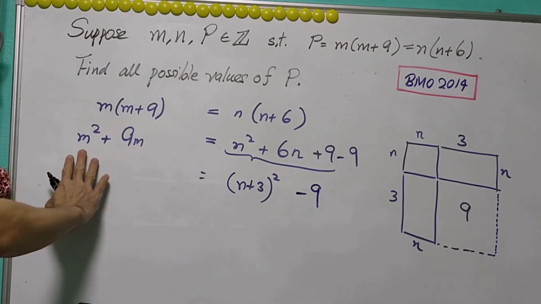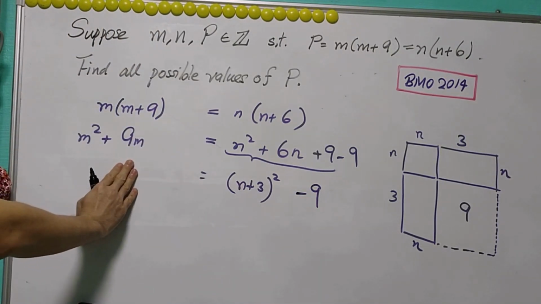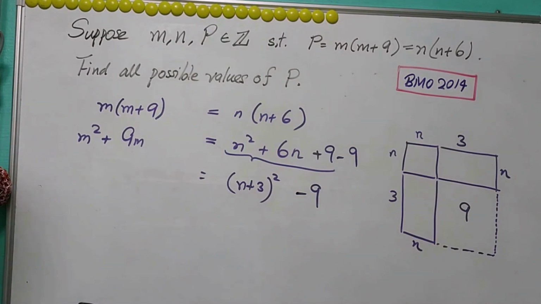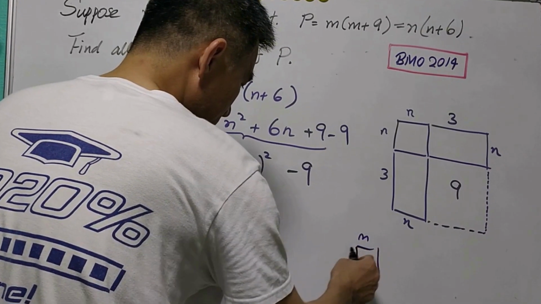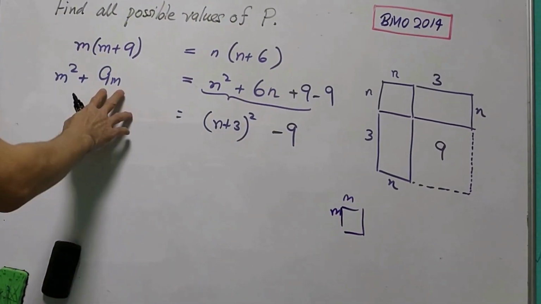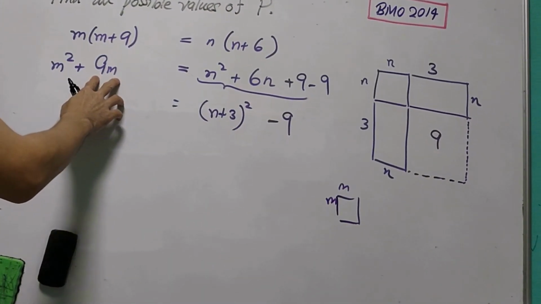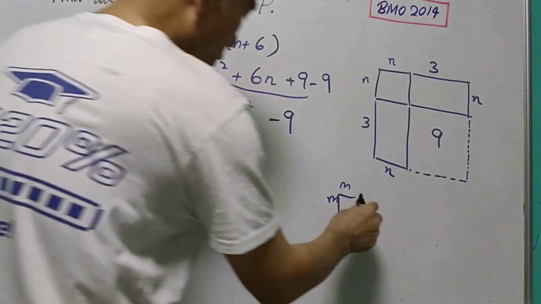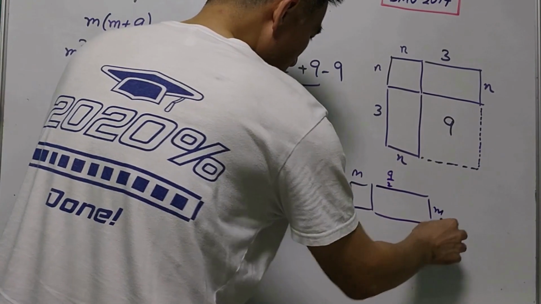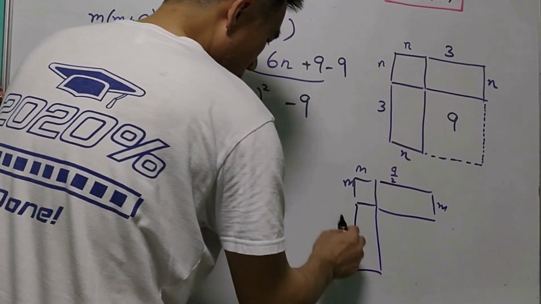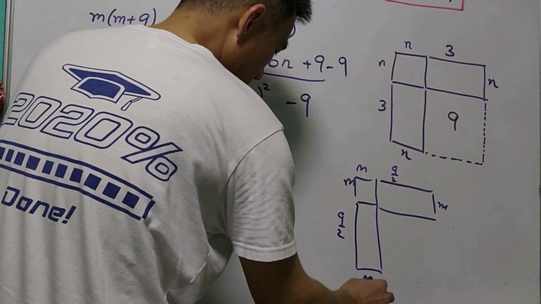How about for m squared plus 9m? We do a similar thing, and we start with m and m. After that, for 9m, we split into two of them, and one of them is 9 over 2 times m, and the other one is 9 over 2 and m.